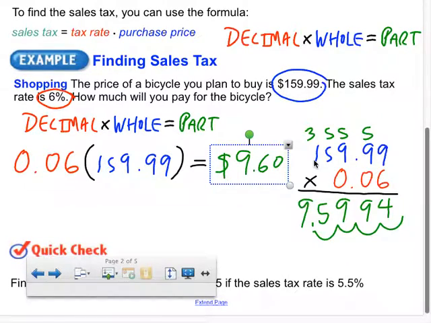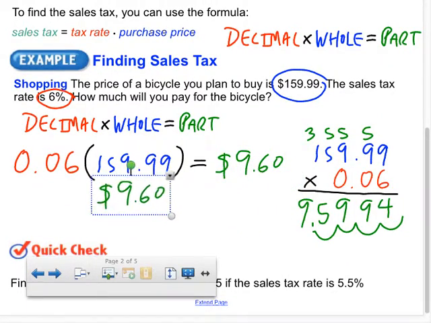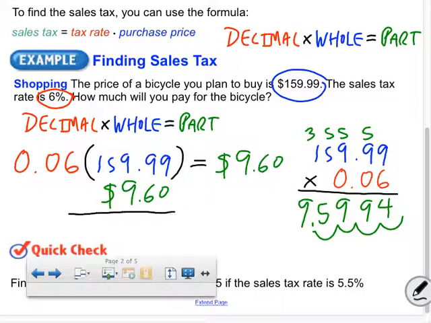the tax plus the cost. Okay? So when I add that up, what's it going to be? 6, 9, carry. 9, and then 6, that's 15.